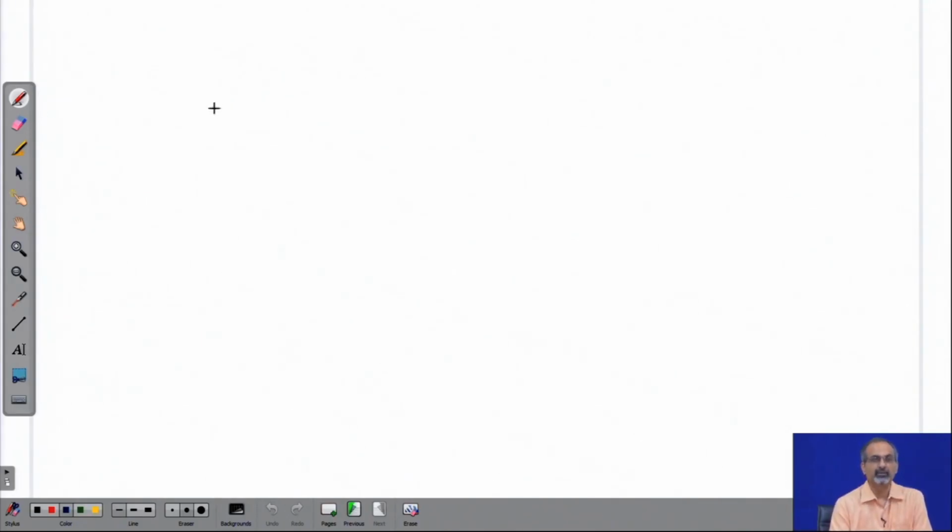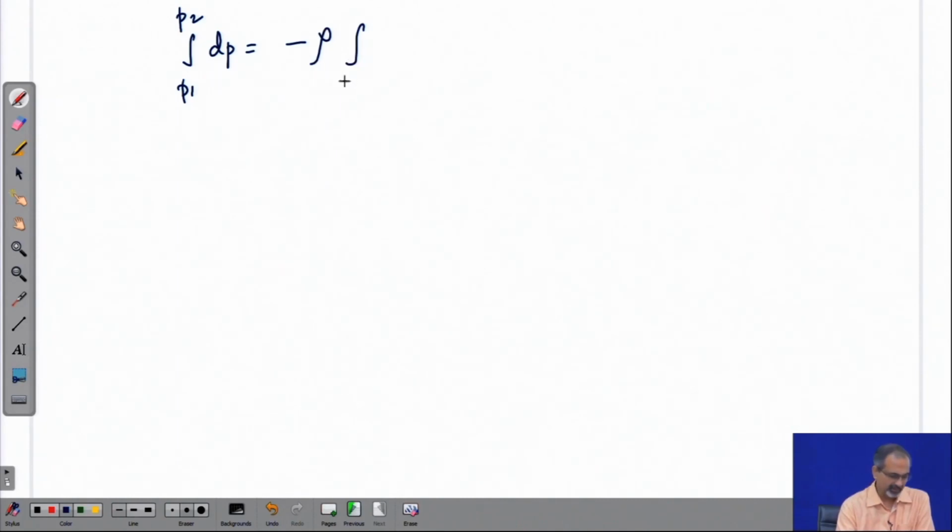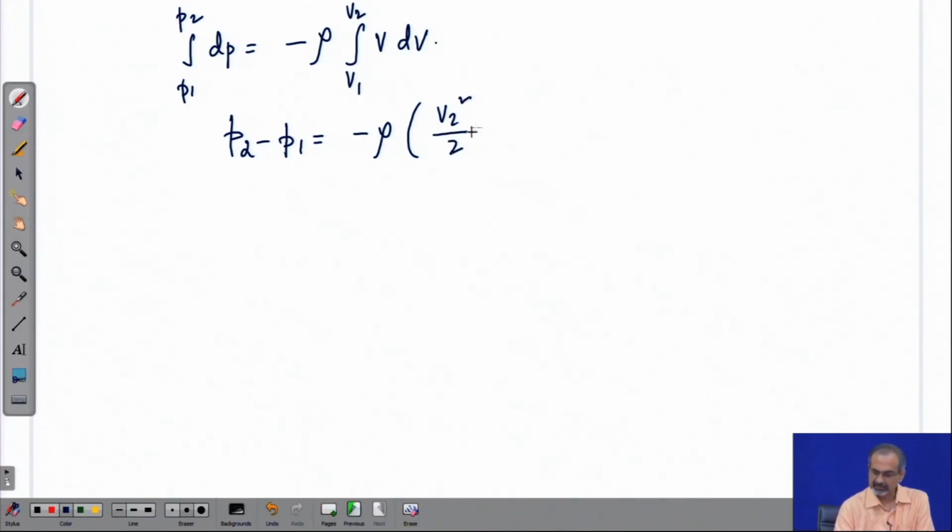and then if you further apply it for constant density flows like incompressible flows that we discussed a few minutes back, you can take the density as a constant and then integrate the equation between states 1 and 2, and then it gives you another very important equation which is applicable for constant density situations.